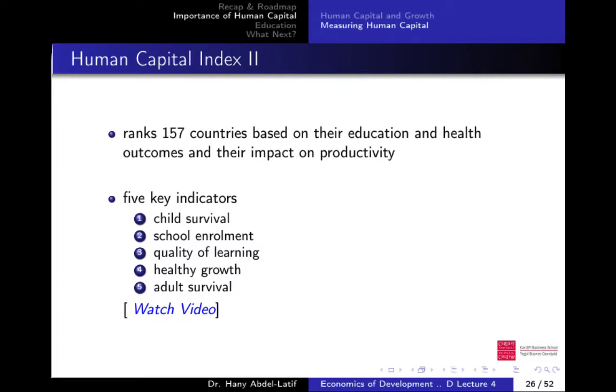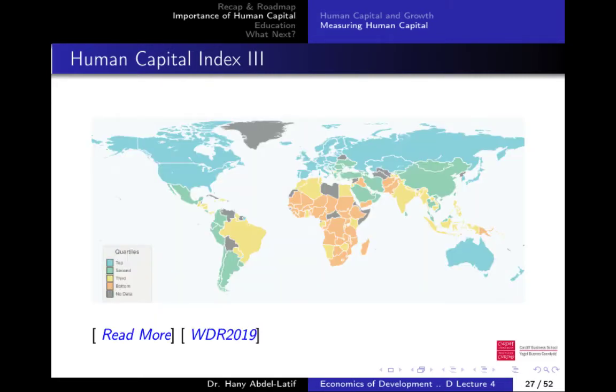So please watch this later. This is, according to this, the most recent estimates they have. If you look at this world map, these are quartiles. You look at the top quartile, which is this color, and then the second, the third, and the bottom quartile. I don't think you're surprised to see Africa, for example. I don't know if that's clear.